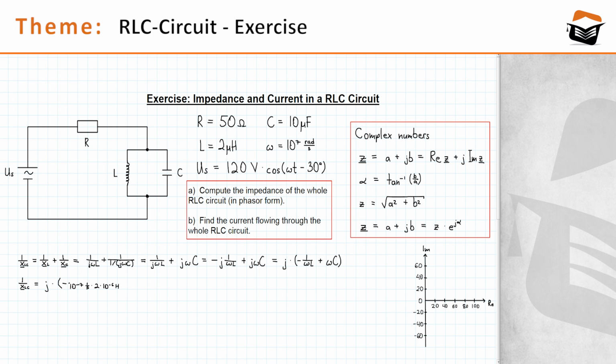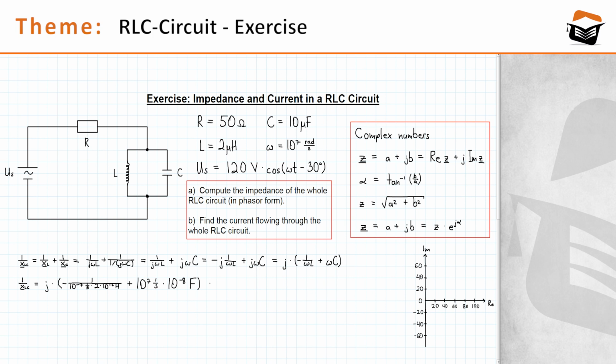We're gonna put the divider. Plus 10 to the 7th power, 1 over second, times the capacitance, which is 10 microfarad, and 10 microfarad is equal to 10 to the minus 8th power farad.